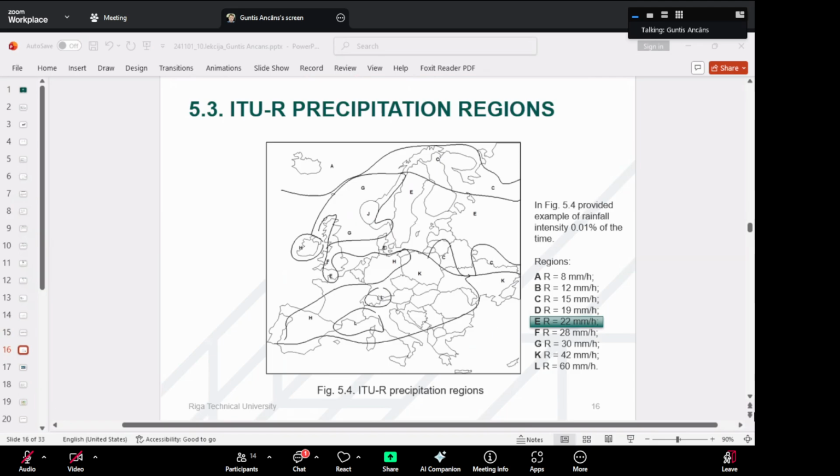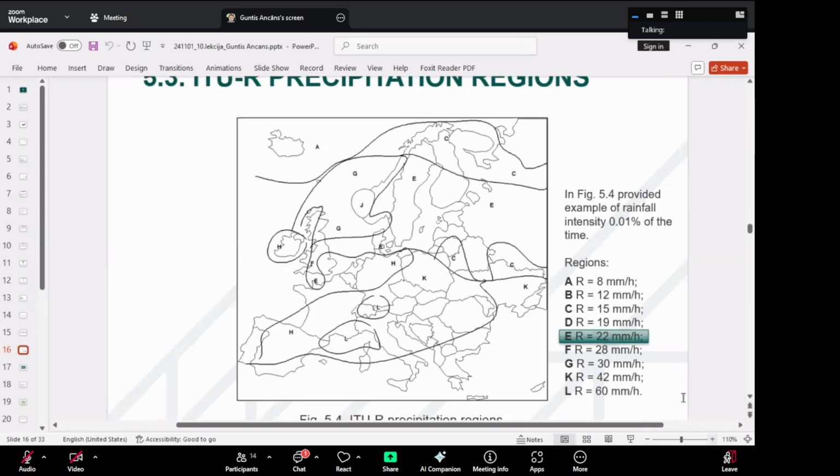If we zoom a bit, we see different lines here and some letters provided inside those zones.